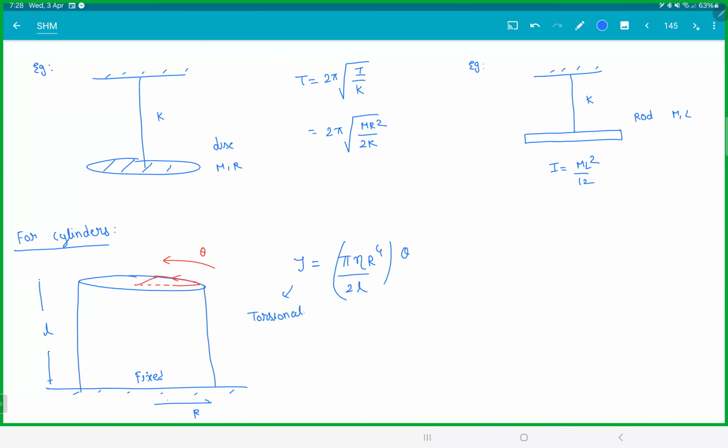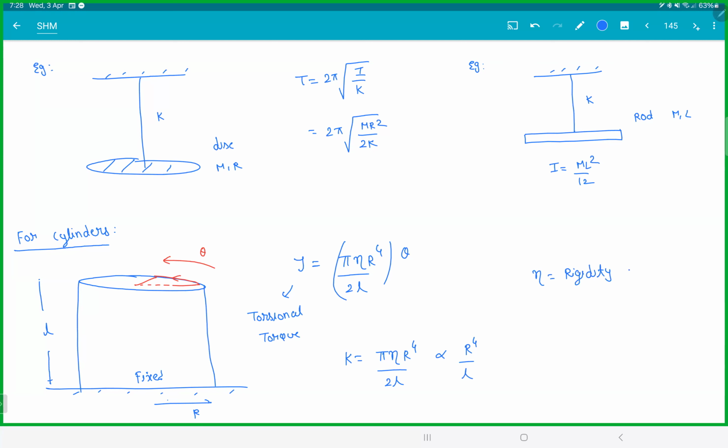This is the torque required to twist it. The k value is pi eta r power 4 by 2L, which is proportional to r power 4 by L. This eta is called rigidity modulus.